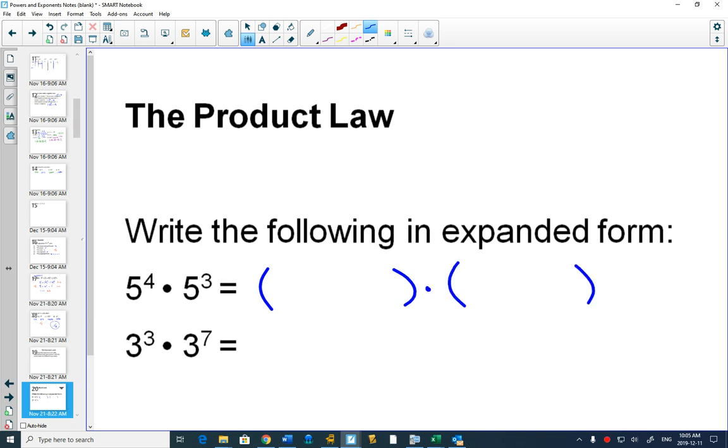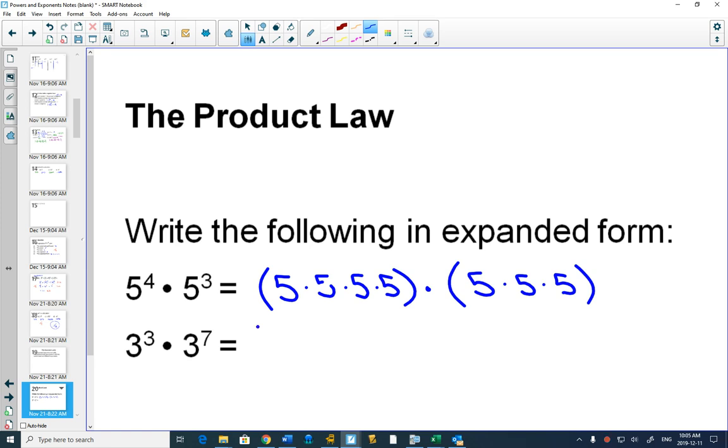For 5 to the 4 in expanded form, that would be 5. Tell me when to stop. Now stop. Why are there 4 of them? Because the exponent was 4. For 5 cubed, that would be 5 times 5 times 5.